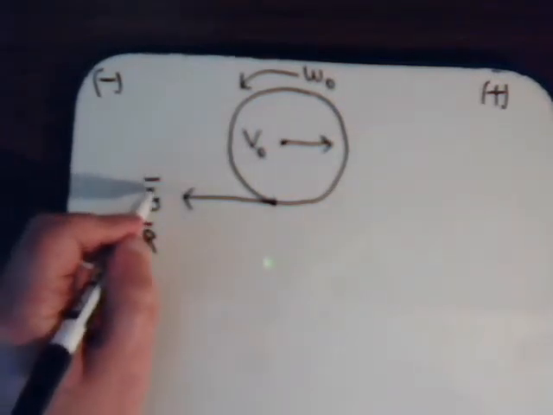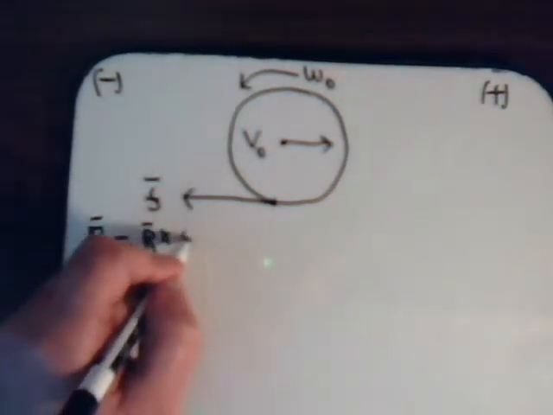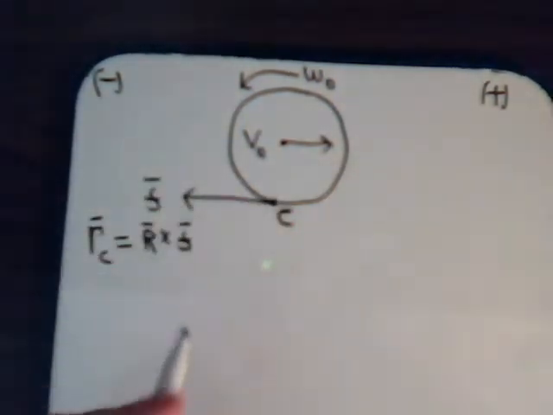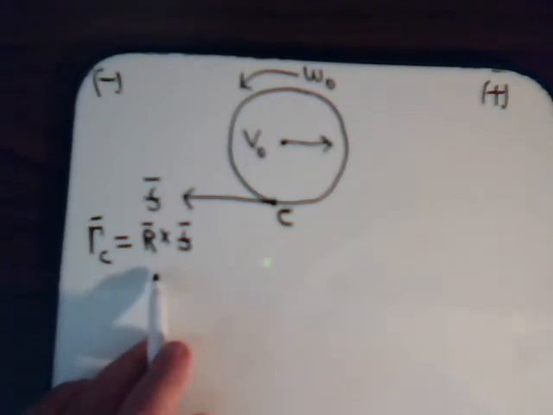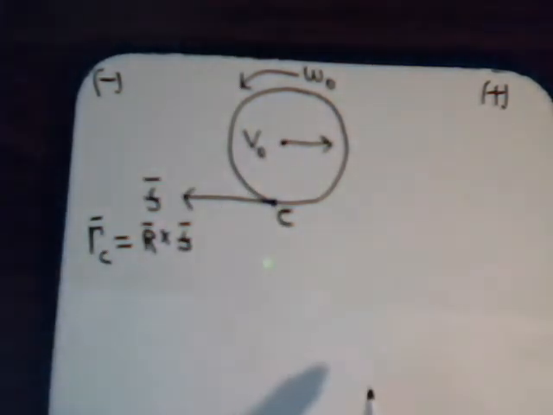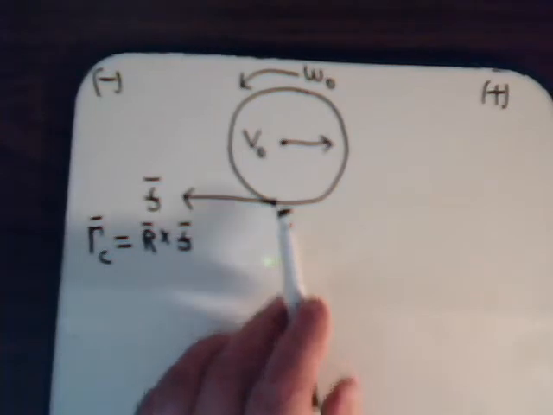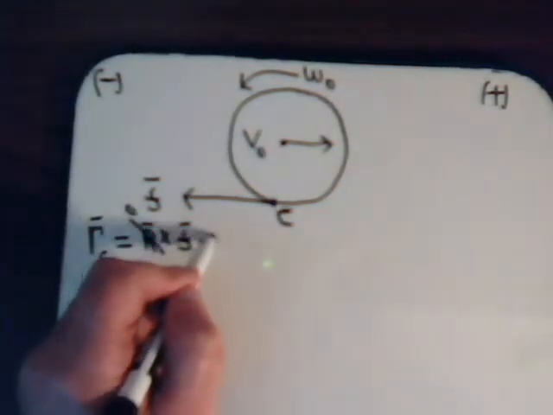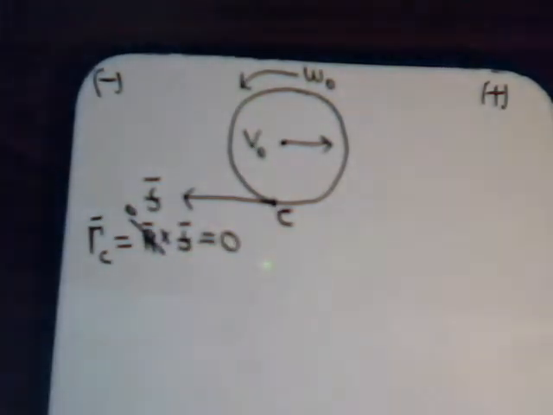In this case, the force is just friction. But what is the position vector? The position vector is supposed to go from the point of interest, C, to where the force is applied. But here the force of friction is acting right there at our point of interest, C. So the position vector is 0. So the torque is 0.